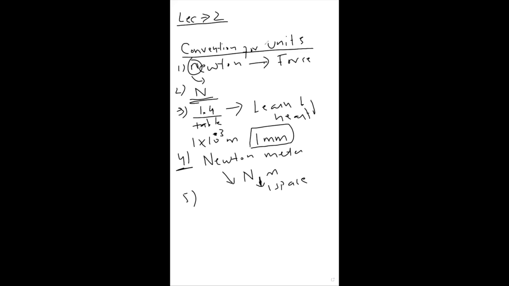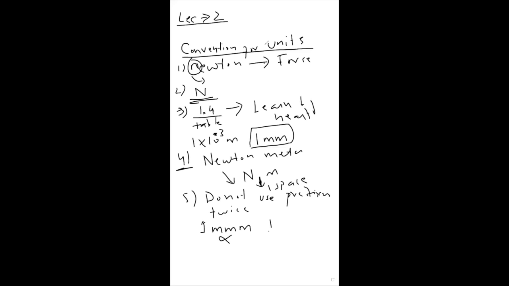Then the fifth rule is that you do not use prefixes twice. What does this mean? That means you cannot say 1 millimillimeter, this is wrong.